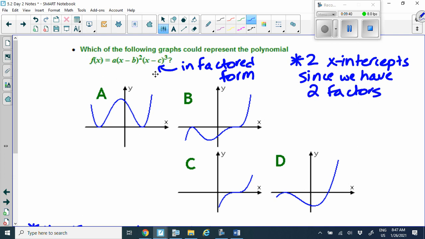Okay. Now the thing is, let's talk about maybe the degree. Remember, since we're in factored form, to find the degree, we're going to add the exponents.